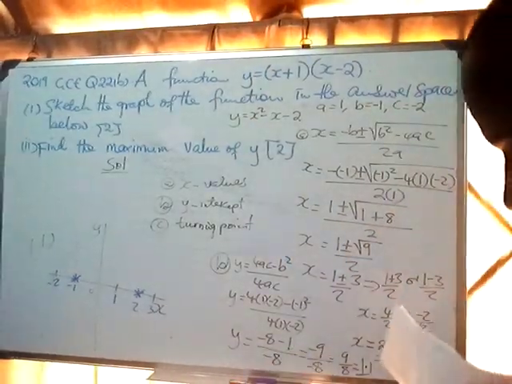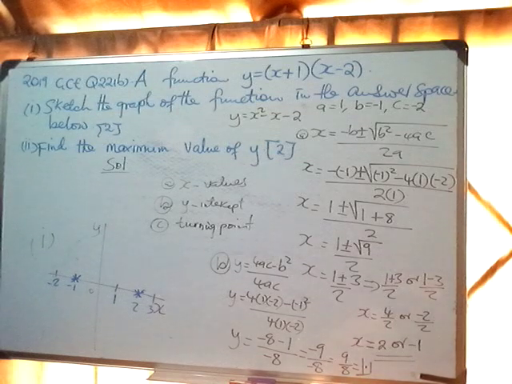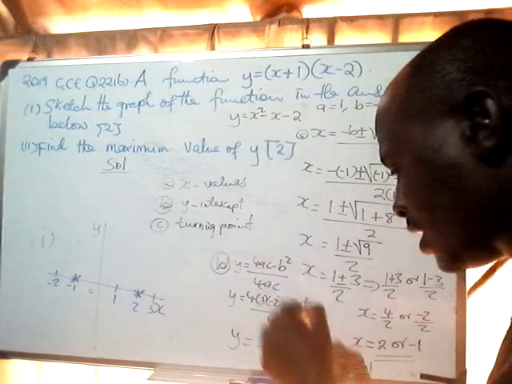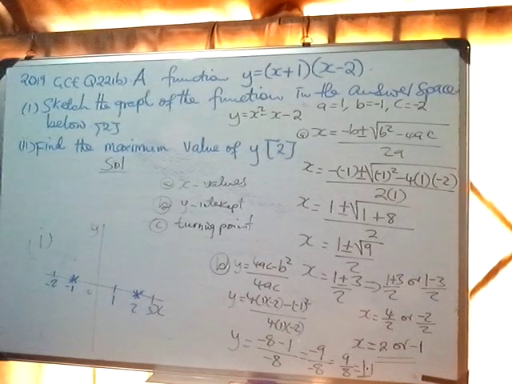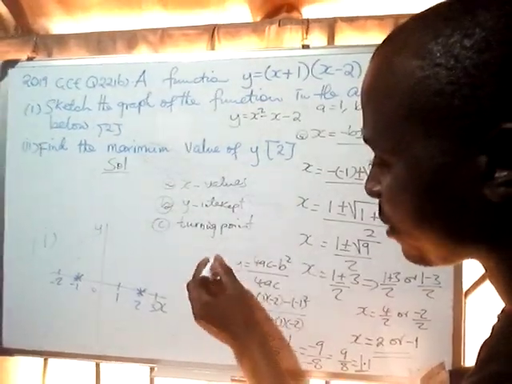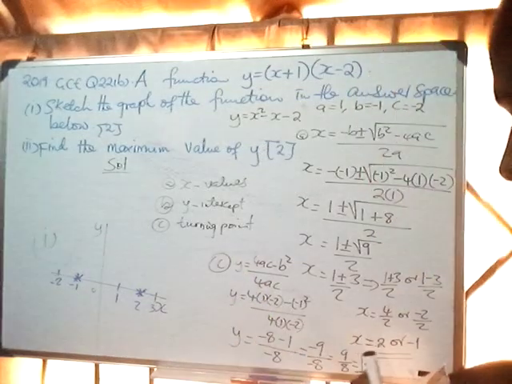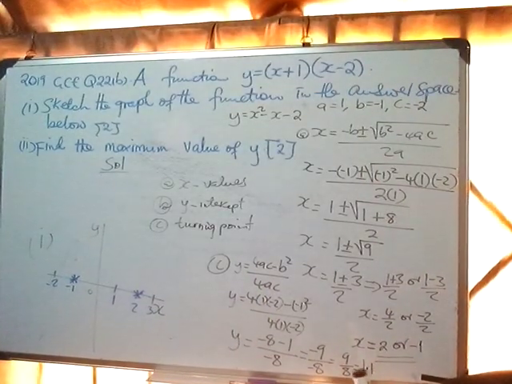What is our y-intercept? Is it our intercept? This is not the answer we have just found here. It is not the y-intercept. I'll call it the turning point. It is the value of y at the turning point.